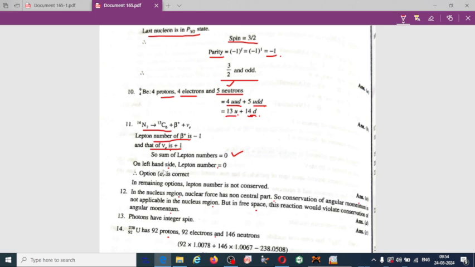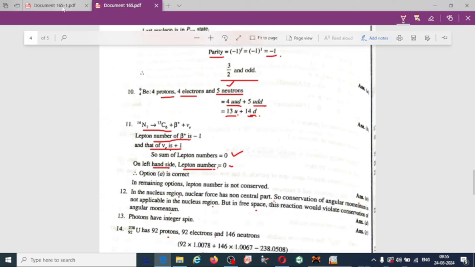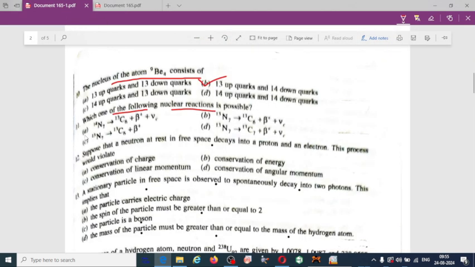On the left side, the lepton number is 0 because nitrogen is there. So lepton number is conserved and option A is correct. For all the other 3 options, the lepton number is not conserved.